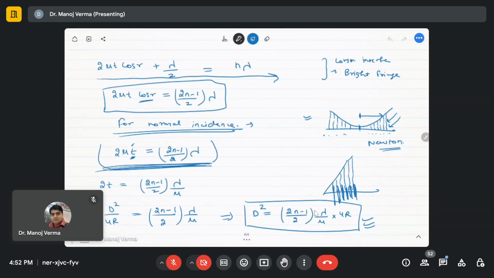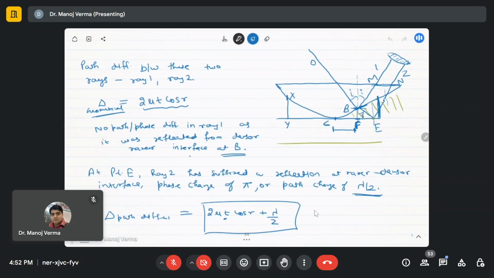This 2 mu t cos r plus lambda by 2 was the total path difference between ray 1 and ray 2. If t is going to be 0 at point C, of course the thickness of the air column will be 0. So this t is going to be 0, and the only path difference will become lambda by 2.